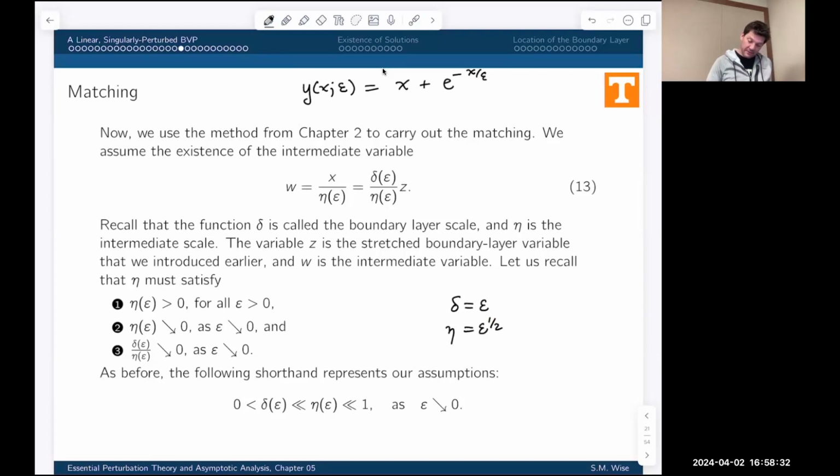But notice that if I do that, delta over eta is equal to epsilon over epsilon to the 1/2, which is epsilon to the 1/2. That goes to 0 as epsilon goes to 0. Does everyone see that? That's the kind of thing I'm interested in. Now, delta is equal to epsilon in this case.